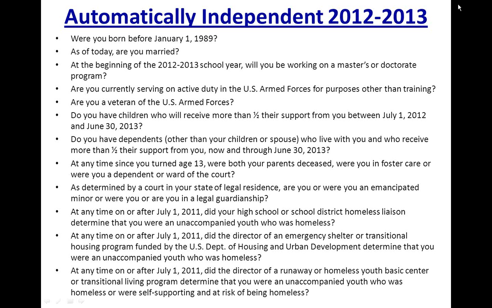Or at any time on or after July 1st, 2011, did the director of a runaway or homeless youth basic center or transitional living program determine that you were an unaccompanied youth who was homeless or were self-supporting and at risk of being homeless?